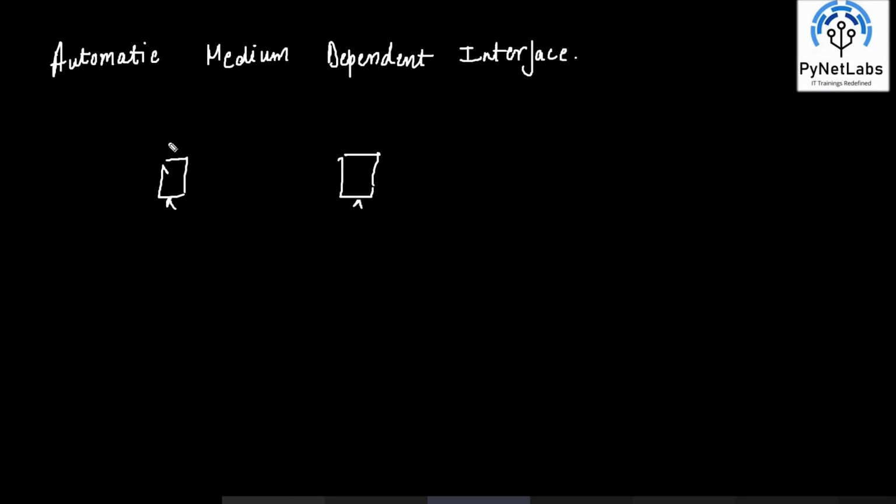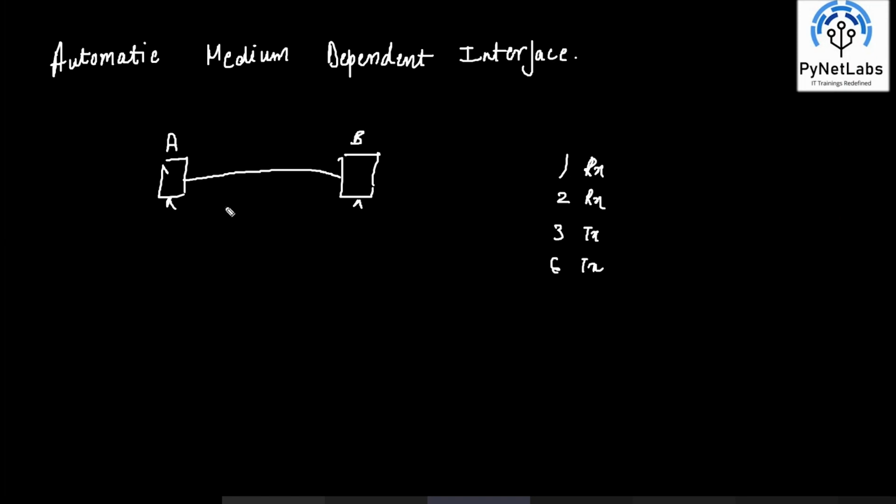So for example, we have PCA here and PCB here, and they are supposed to be connected with a crossover cable since they are the same type of devices, since their 1, 2, 3, 6 pins act as receiving and transmitting at both ends.